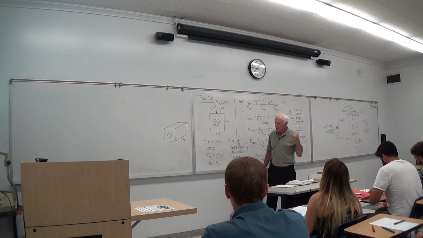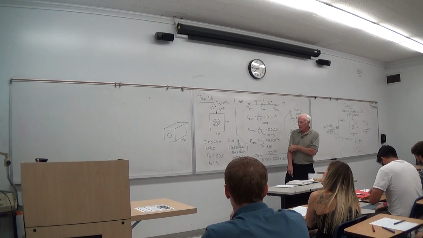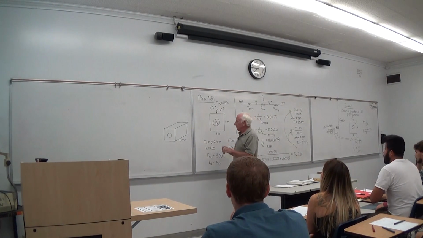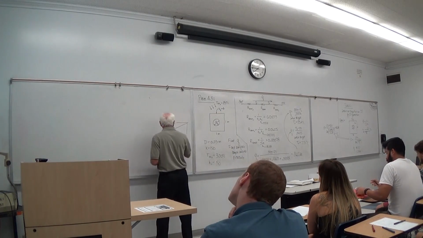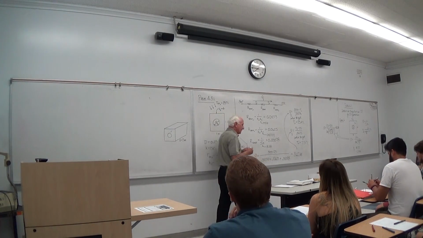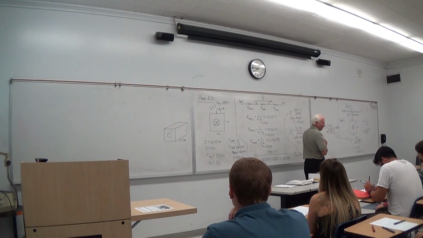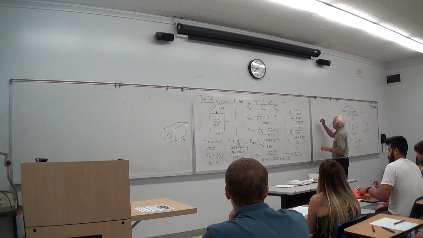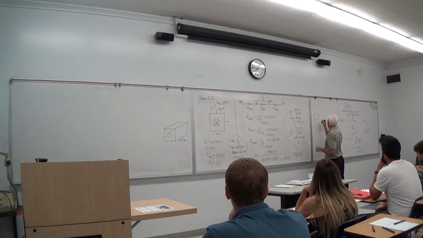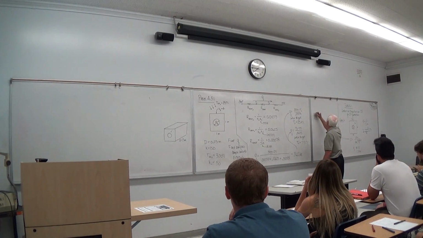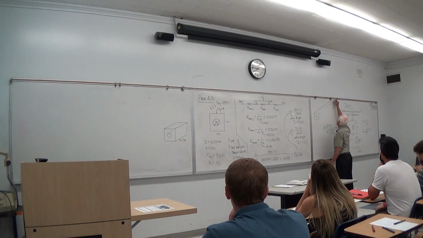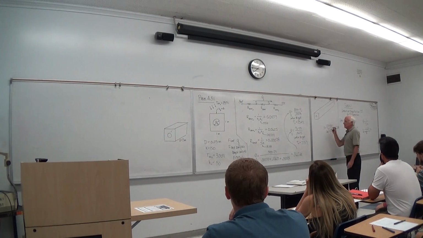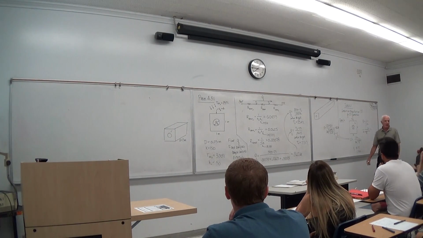Why is that condition on there in the first place? Well, look at this picture. Did we ever account for the heat loss out of the front and the back? No. Well, what are you supposed to do? Well, if L is really, really long, much greater, how much heat is lost out of the front and back compared to the four sides?